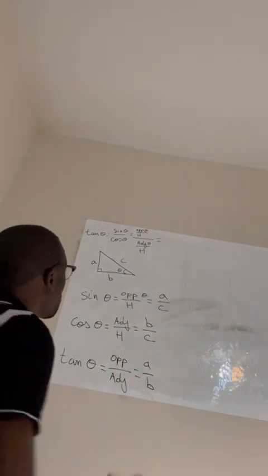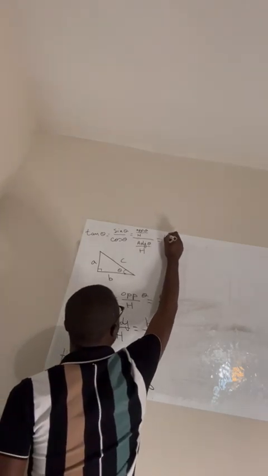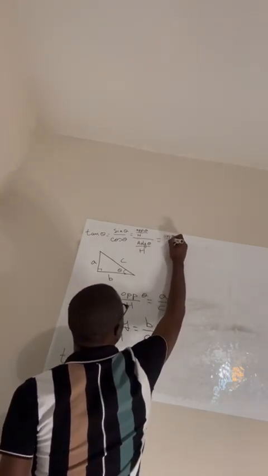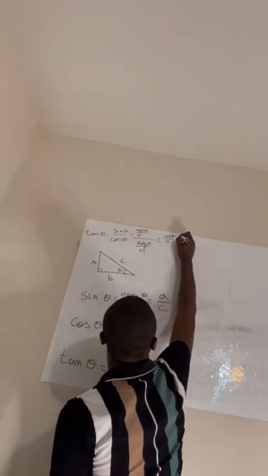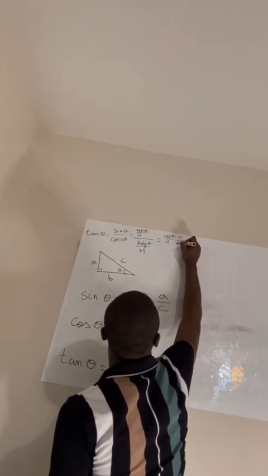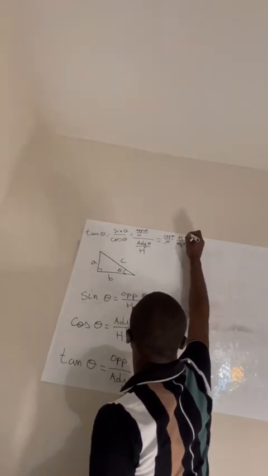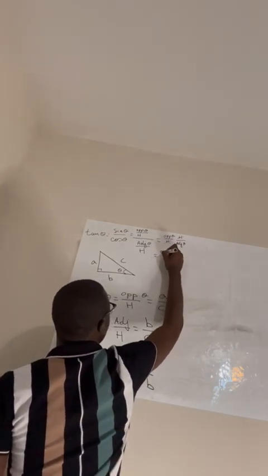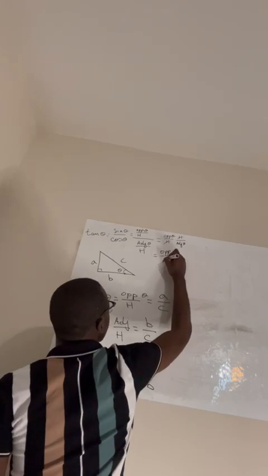So I take the first one, which is opposite of theta over hypotenuse. I multiply by the inverse of the second one, which is hypotenuse over adjacent of theta. Therefore, this hypotenuse cancels. I still end up with opposite of theta over adjacent of theta.